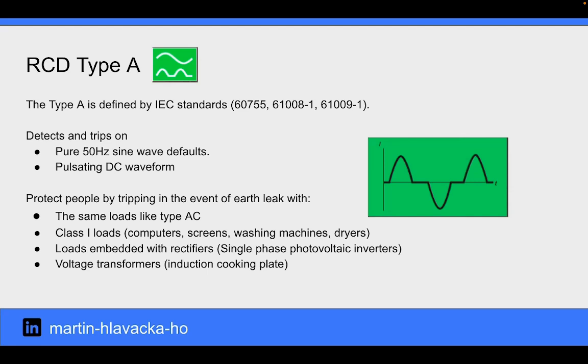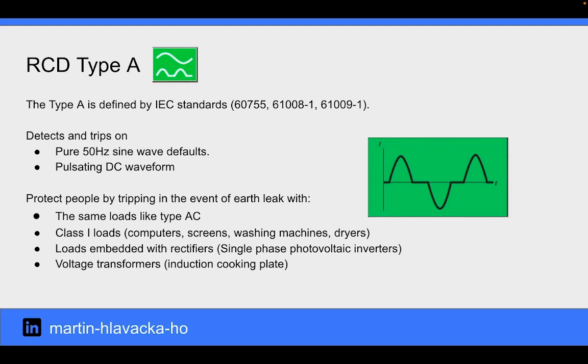The second type of RCD is type A. This type of RCD senses and trips with default values of 50 Hz pure sine wave, as well as pulsating DC waveform.